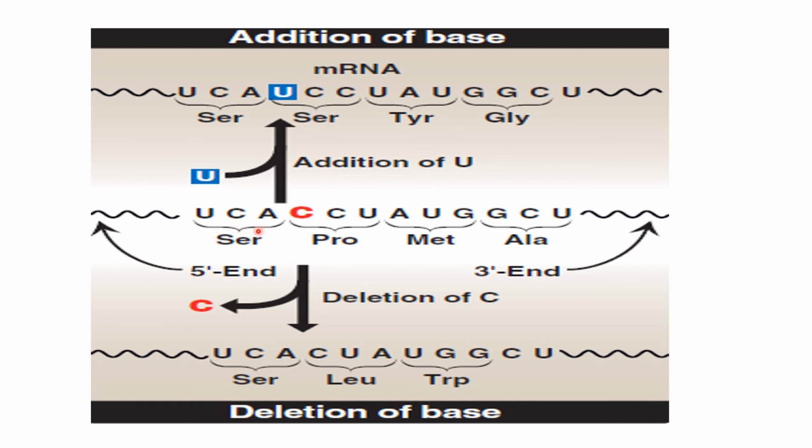For example, UCA codes for serine residues, but with the deletion of C, the reading frame will be like this: UCA, this C will be deleted, then CUA instead of the next codon CCU.